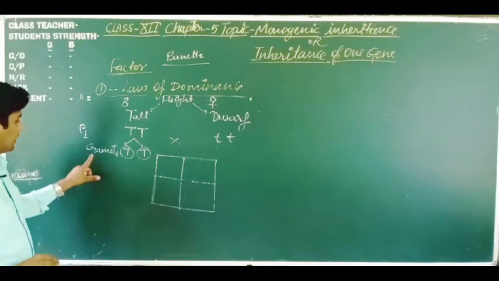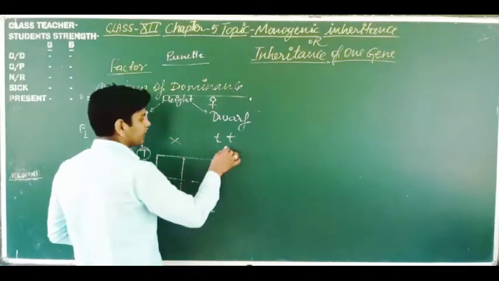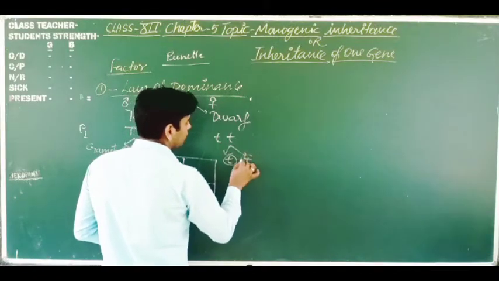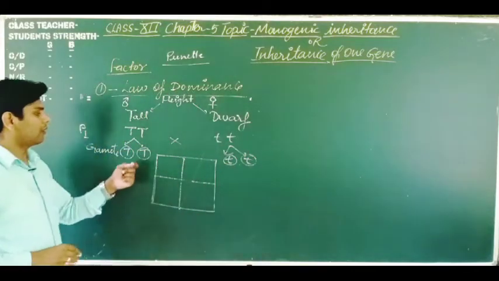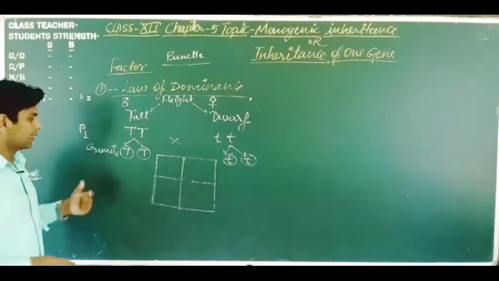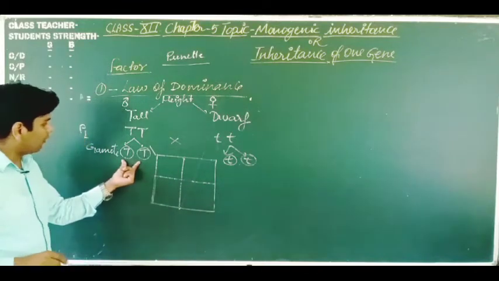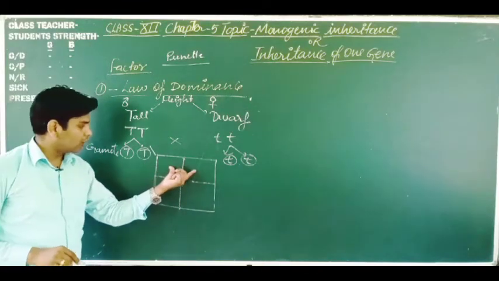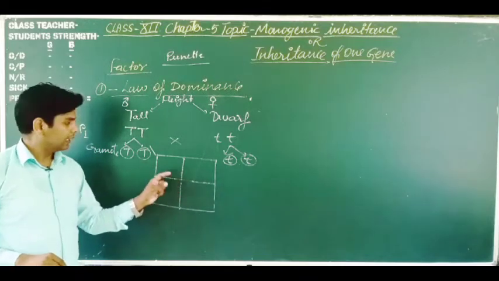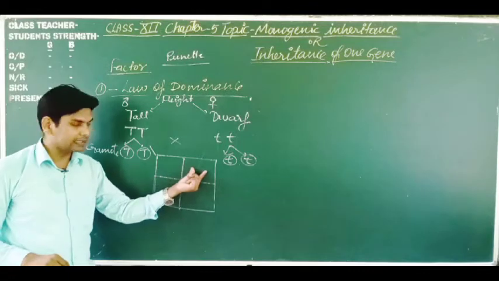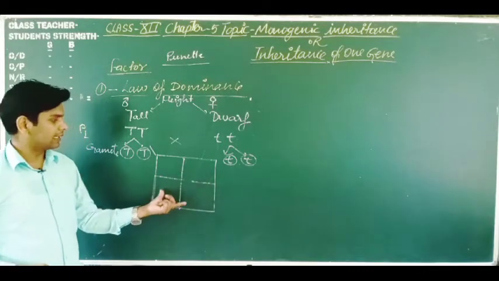Got it? So here two gametes form, and here also two gametes form: two gametes of the dwarf plant and two gametes of the tall plant. This checkerboard has two gametes of each plant, which is why we made two columns and two rows. If the number of gametes increases, we will increase the columns and rows in the checkerboard.